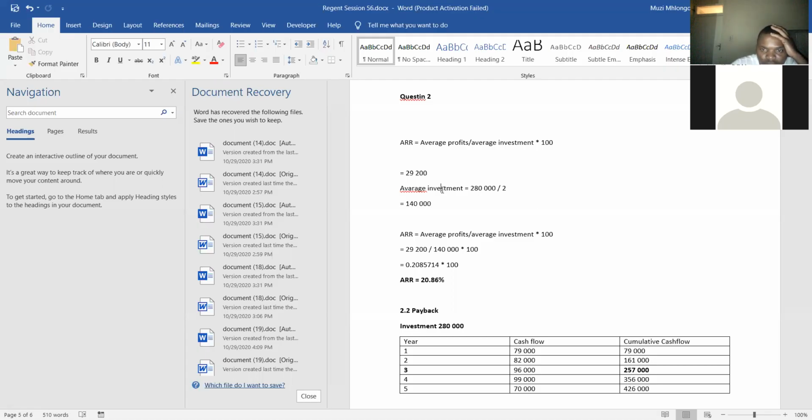If we're going back to the screenshot, the first one, cost of capital. So I just want to check now. For year one, we have, is that the project?